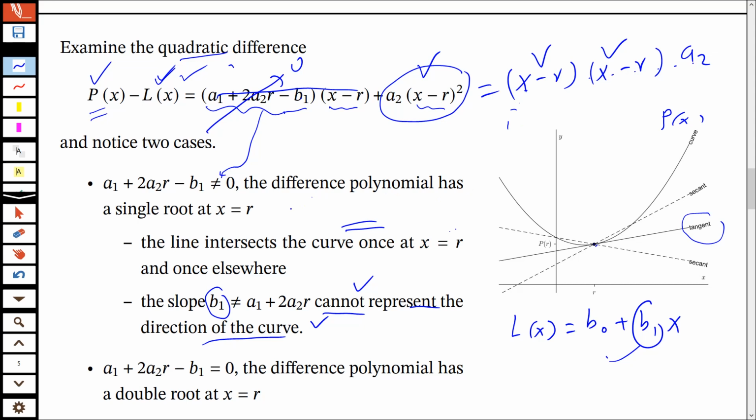So the difference has two roots. They are repeated roots. You can set x equal to r twice, and when it has a double or repeated root, both intersections coincide, so this case must correspond to the tangent line we were expecting. At x equal to r, these two intersections are now collapsed into a single repeated intersection.